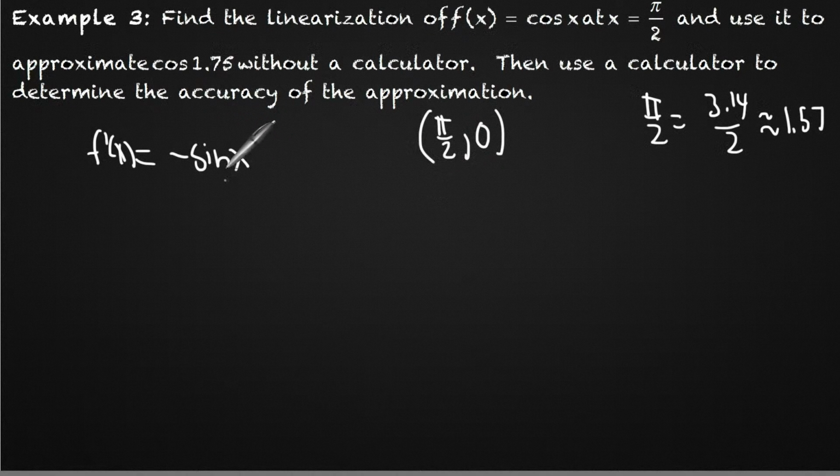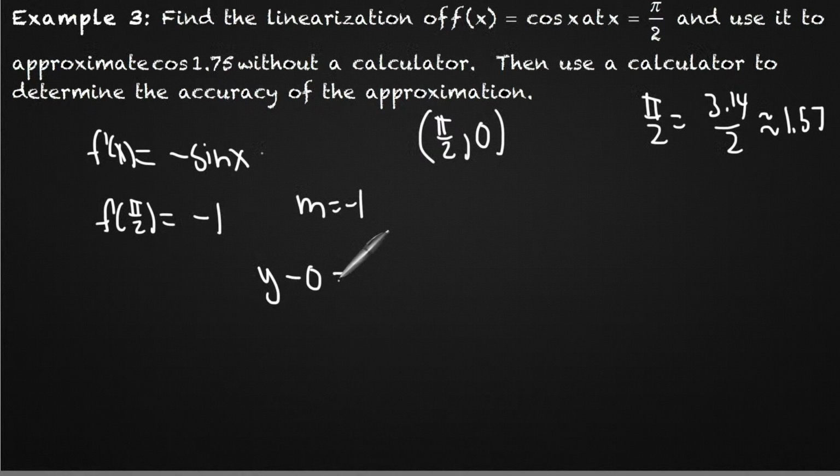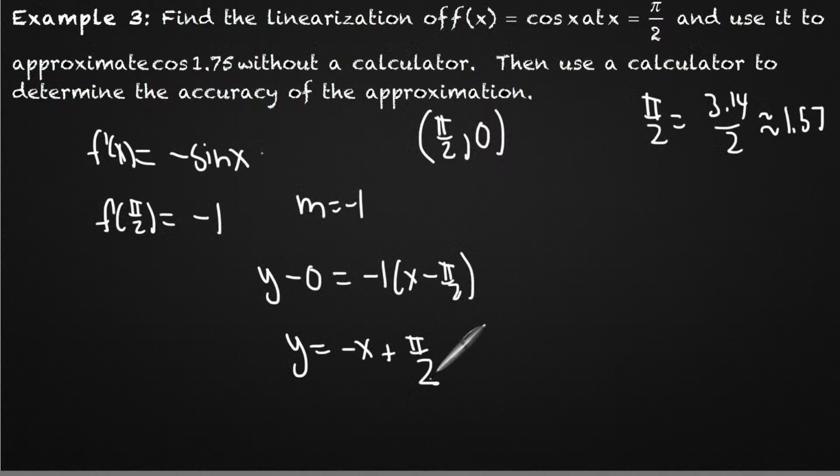And then we plug pi over 2 into our derivative. f prime of pi over 2 is going to be negative 1. So our slope is negative 1. So we can do y minus 0 is equal to negative 1 times x minus pi over 2. So basically we end up getting y is equal to negative x plus pi over 2.